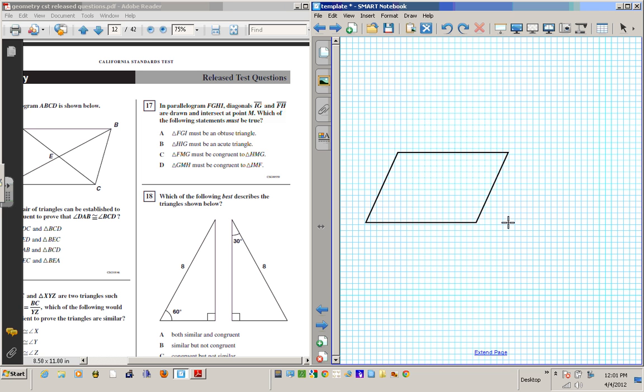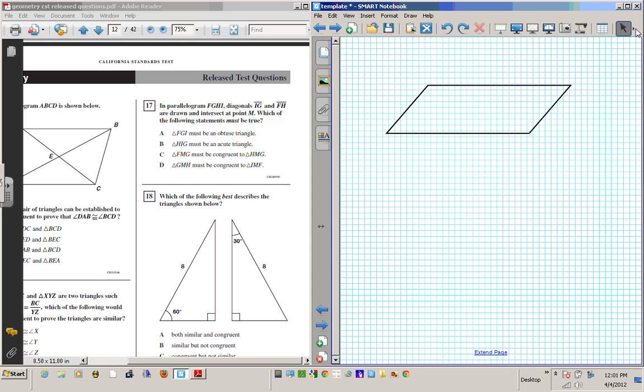So there goes a parallelogram. This is one example of a parallelogram. Or it could also be a square or a rectangle. Let's also look at a case of a square. Okay, these are parallelograms, two cases. Anyway, you're told that it's FGHI, so I'm going to label this FGHI, and this one FGHI.